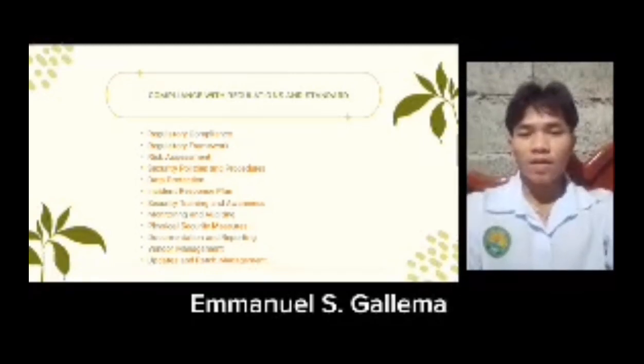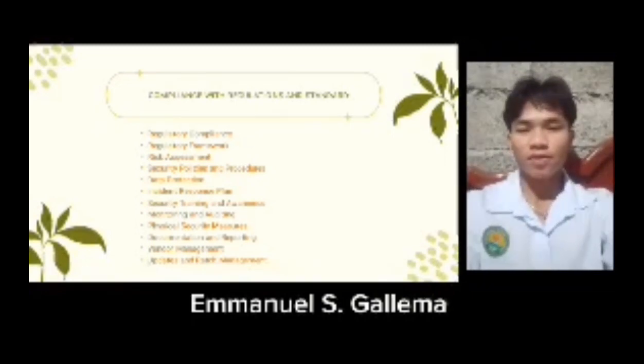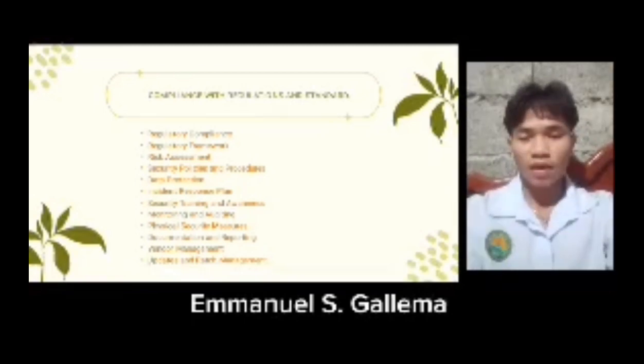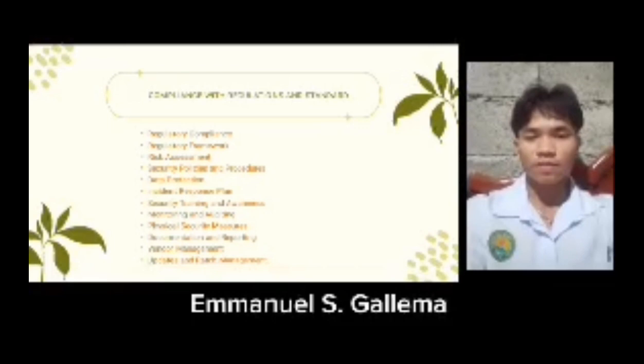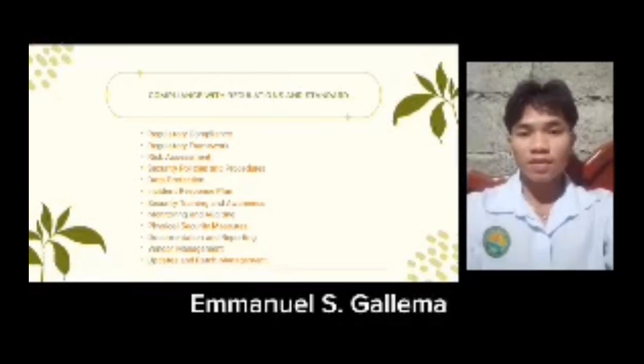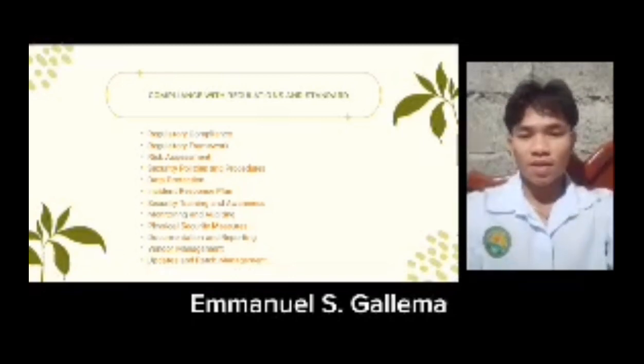The regulatory framework: identify and incorporate relevant laws and regulations governing operational security in your industry or region. And the risk assessment. Develop a robust risk assessment process to identify potential threats, vulnerabilities, and impacts on operational security.